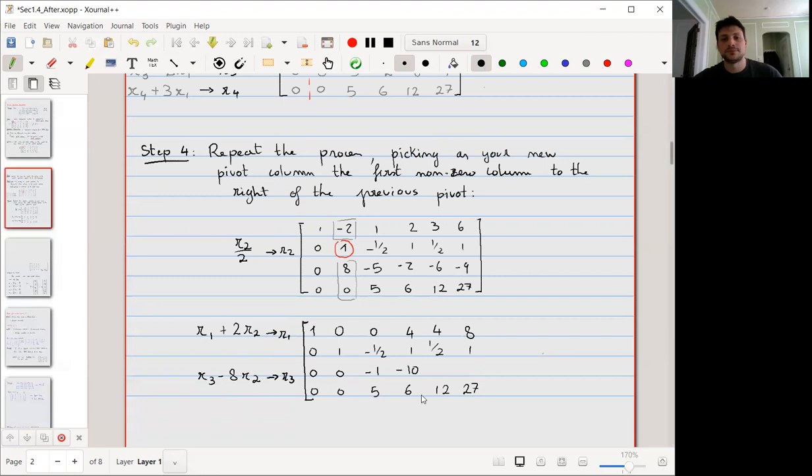That's a -10. In the next, you also get a -10. That's -6 minus 8 times 1/2, -10. The last one is -9 minus 8 times 1 becomes -17.